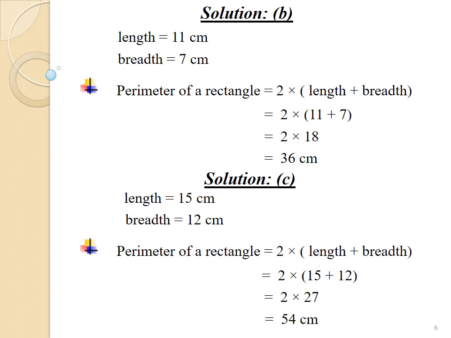Thus, perimeter of a rectangle equals to 2 into length plus breadth equals to 2 into 15 plus 12 equals to 2 into 27 equals to 54 centimeters. Thus, perimeter of rectangle equals to 54 centimeters.